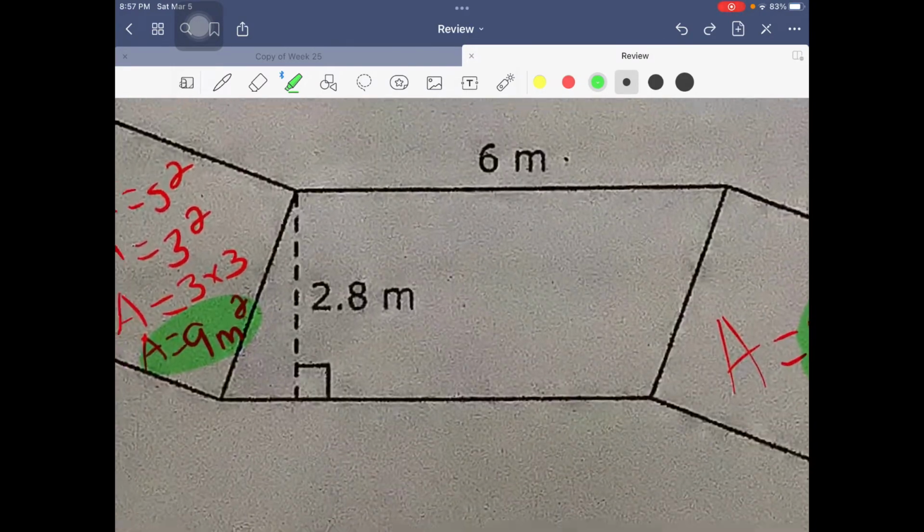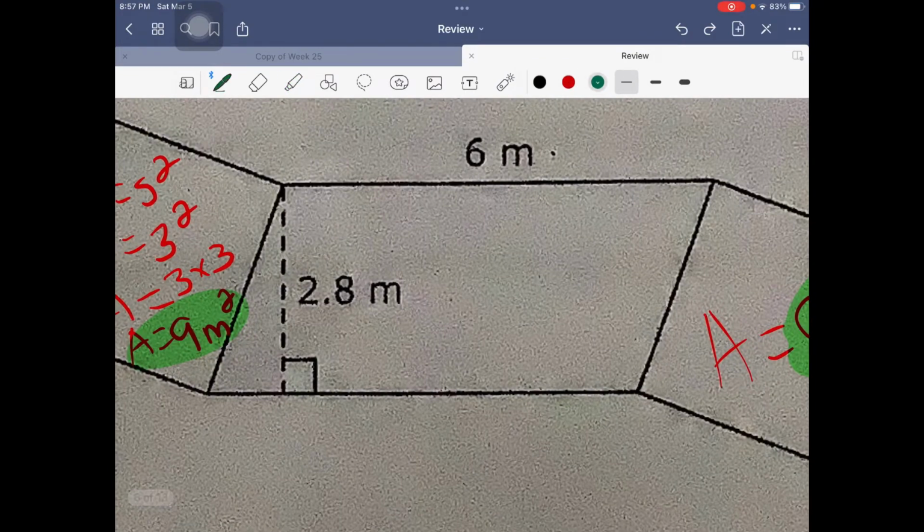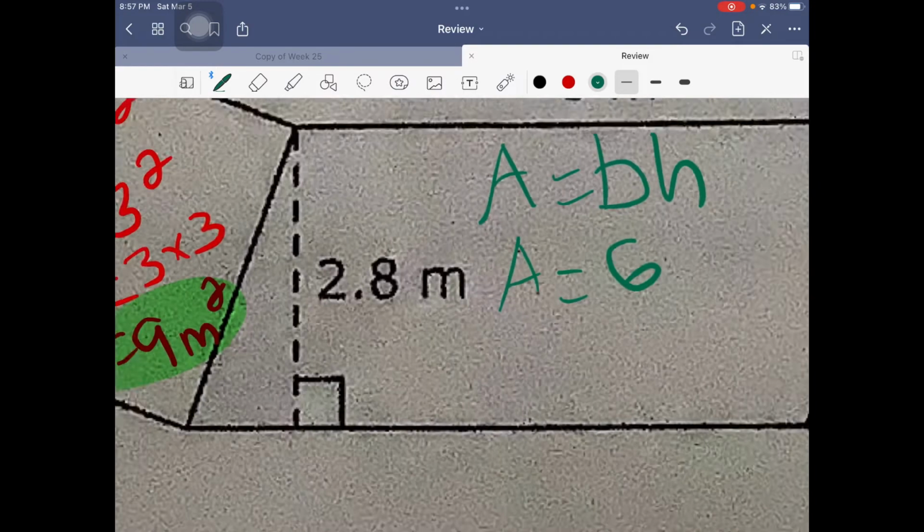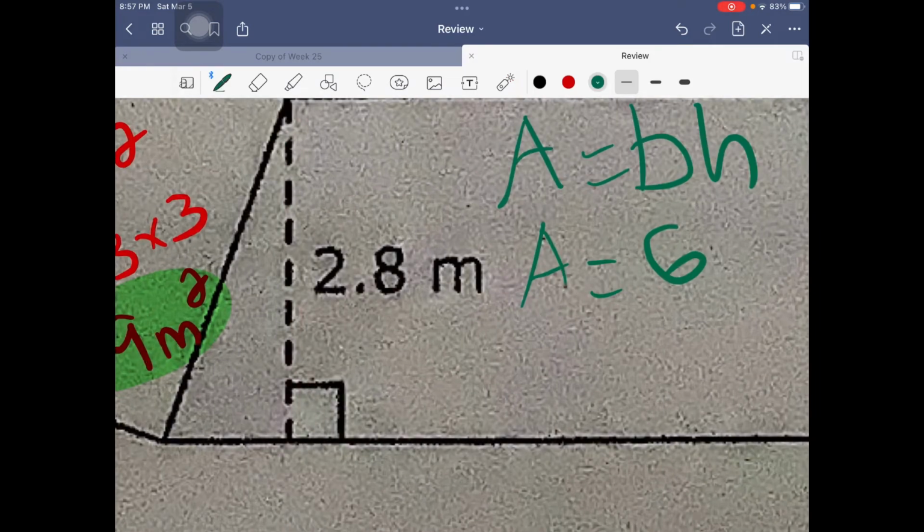Awesome. Now, what's the formula for a parallelogram? Area of a parallelogram: base times height. What's my base? 6. What's my height? 2.8.